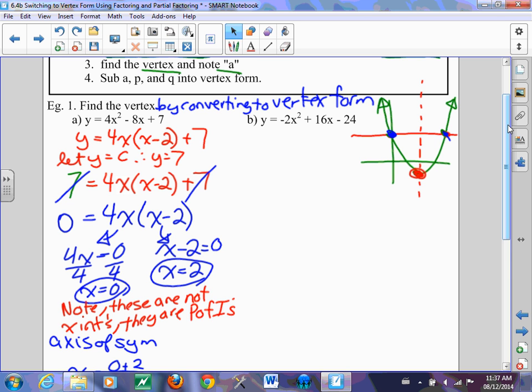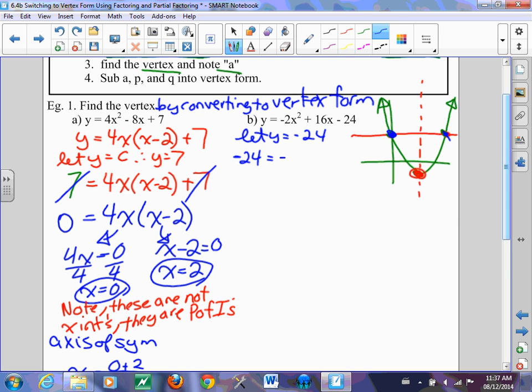All right, let's try example 2 by switching step 1 and 2. So I'm just going to say let y equal negative 24 to start with. So I've got negative 24 equals negative 2x squared plus 16x minus 24. What's going to happen to those negative 24s? They're going to cancel. So I've got 0 equals, I forgot my x in there, negative 2x squared plus 16x.